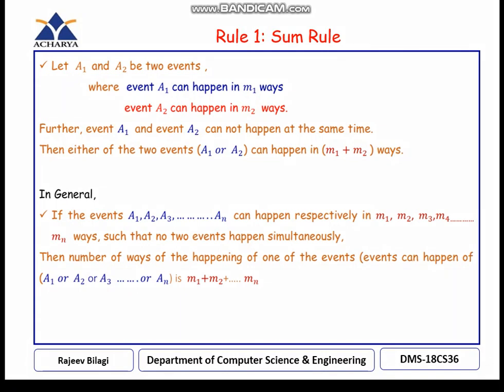Coming to the first one, which is called the sum rule. As the name itself indicates, we are going to find some sum in case of counting.